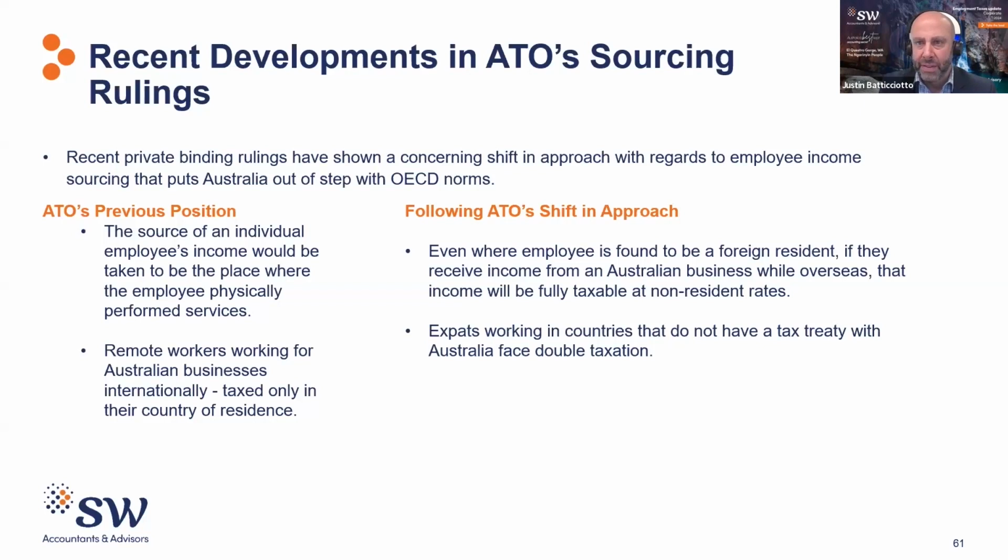So where an individual moves overseas, it could be for a remote working arrangement, and that individual ceases being a tax resident of Australia, as long as they are performing their services physically in another location, typically those salary and wages would be considered foreign sourced income and would not be taxable here in Australia.